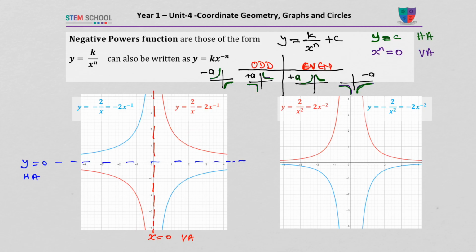The reason why you see on this side is because a is positive. So with this one, a is positive, so that's plus a. On this side here, a is negative, so that's that one here. You see a is negative there, so you can say minus a.